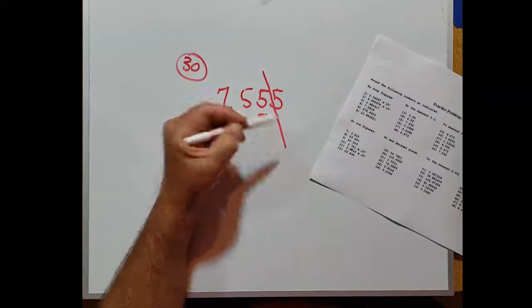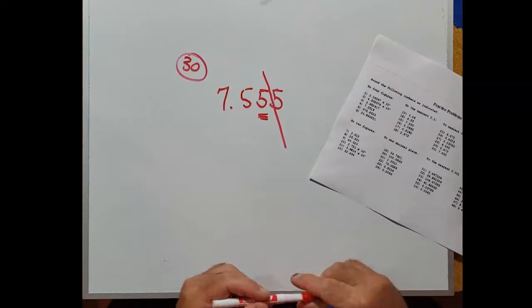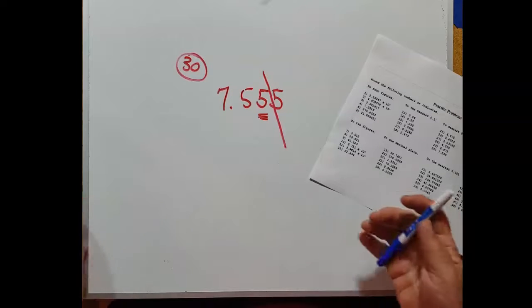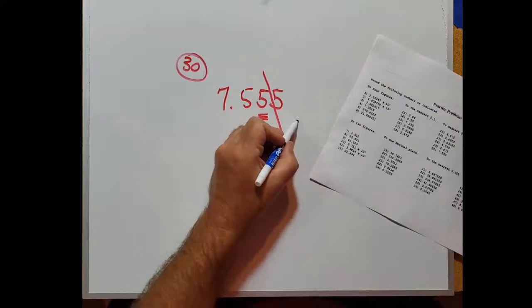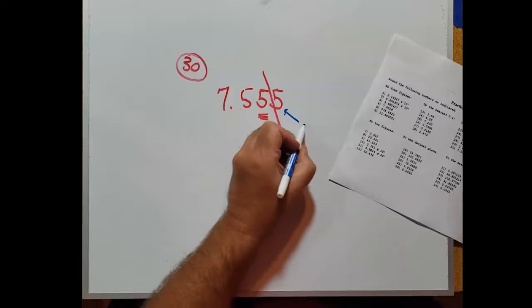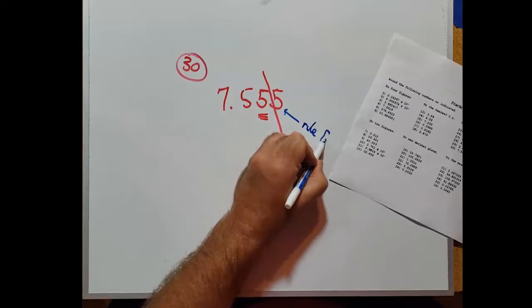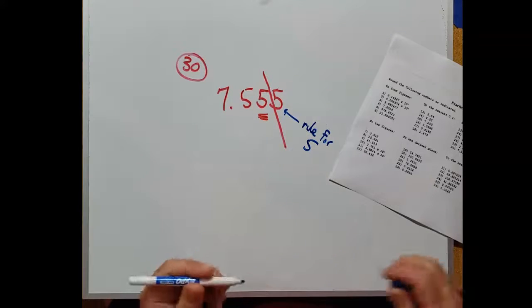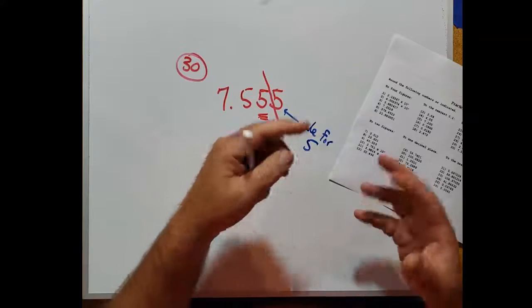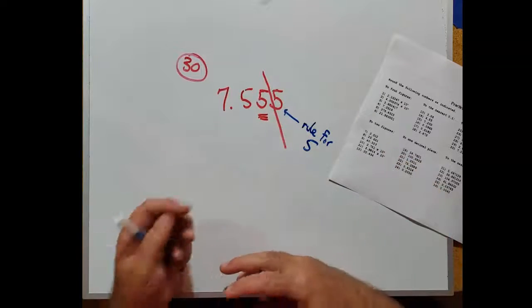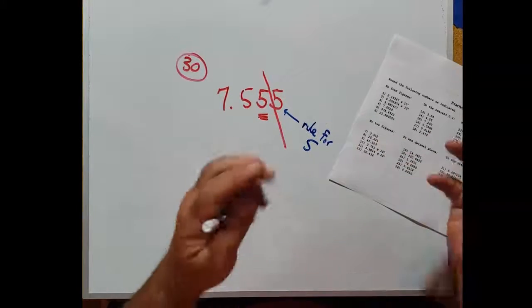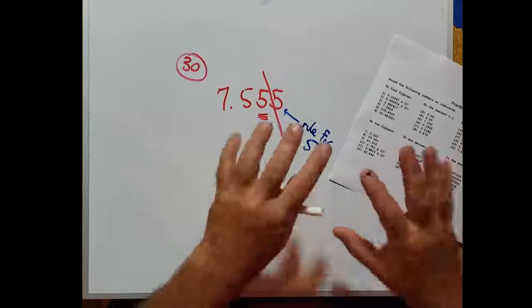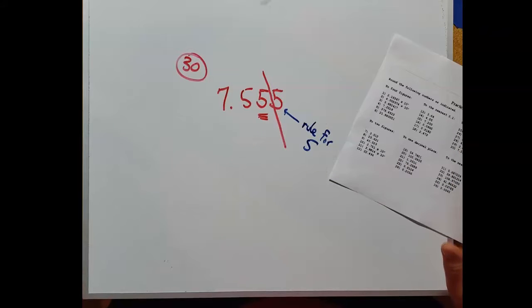That means I want to cut off this last 5. Now, don't let all these 5s confuse you. It's only this last 5 right here that tells me I need to use the rule for 5. If the digit here were 0, 1, 2, 3, or 4, I would round down. If it were 6, 7, 8, 9, I would round up. But if it's 5, it's special.